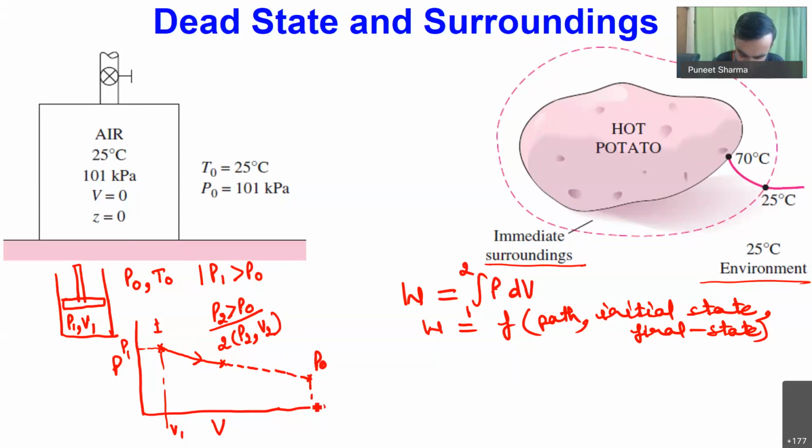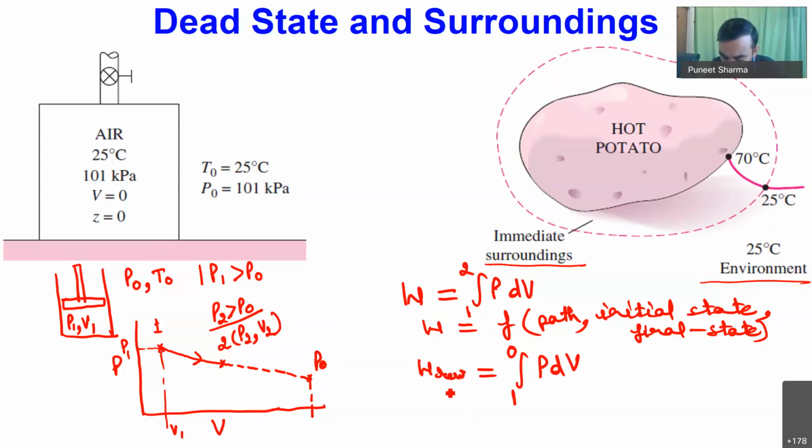So if it does not have any further potential to expand the piston, it has reached mechanical equilibrium. Now I can see that if the piston is expanding in a reversible fashion, and I do this integral of PdV from point number 1 to point number 0, where 0 represents nothing but the dead state of the system.